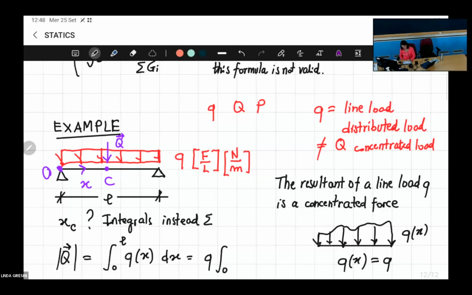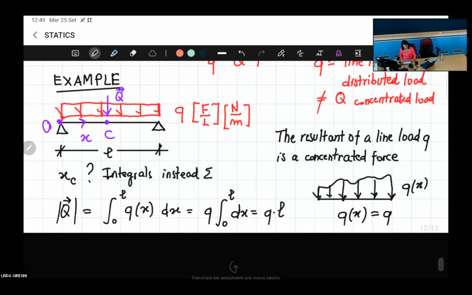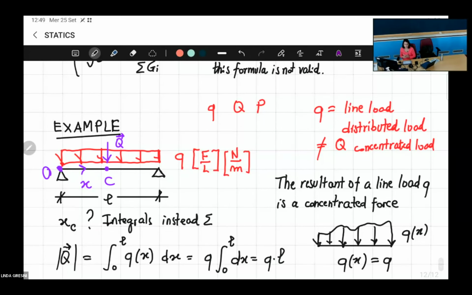So it will be Q times the integral from 0 to L of dx. The integral from 0 to L of dx is equal to L. So Q times L. So the resultant force, even if you don't know what integrals are, and actually you should, is Q times the length over which this load is applied.